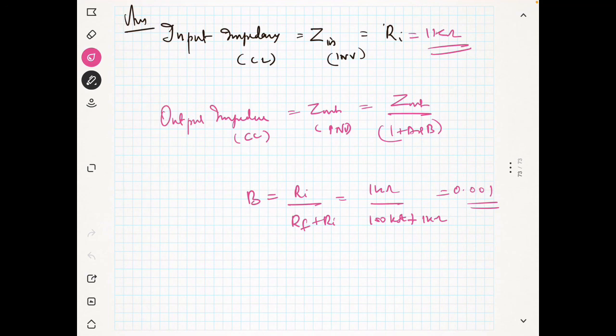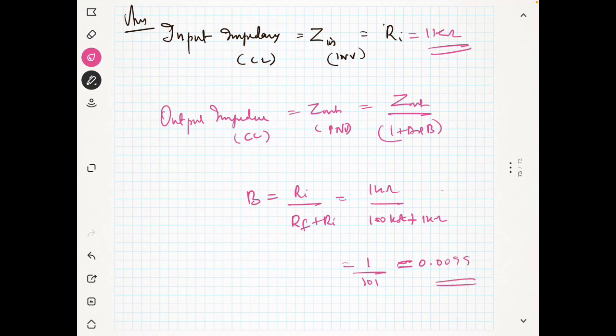I will use the exact number, that will be good. So 1 divided by 101, which is equal to 0.0099.